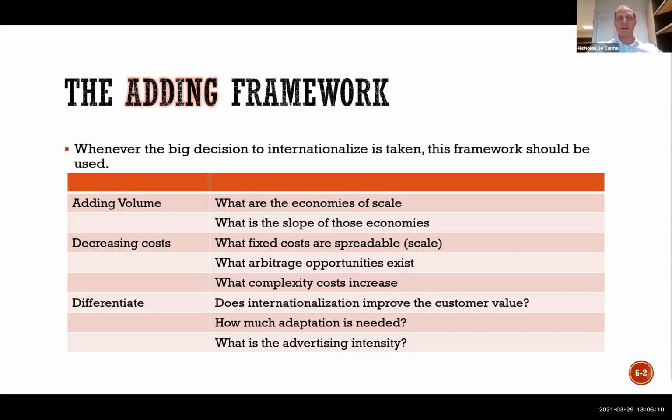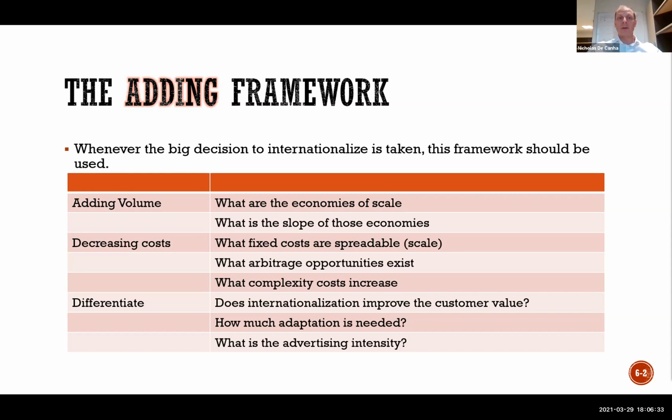And what is the slope of our economies of scale? Are we going to be decreasing costs? In other words, what costs are spreadable? And if you recall, we spent quite some time in the previous lecture talking about this idea that there's a tension. How much do you need to localize versus how much can you leave globalized? And so costs decrease slower when you need to customize your product.